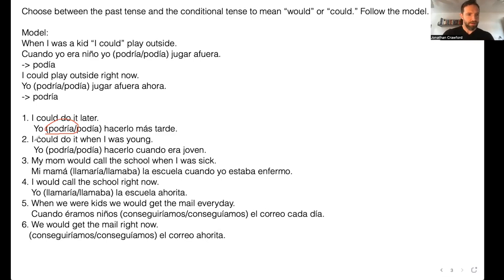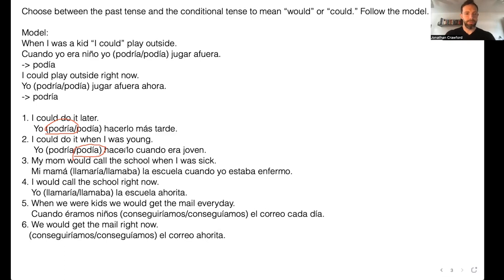And then what about this one? I could do it when I was young. Or in other words, I was able to do it when I was young. Is that podría or is it podía? Yeah, it's podía. Yo podía hacerlo. Hacerlo.